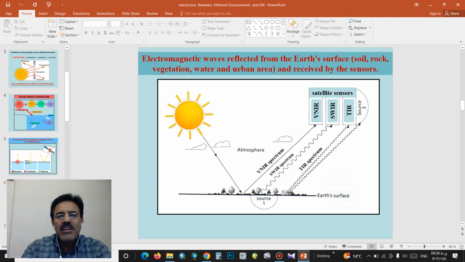Electromagnetic waves reflected from the Earth's surface such as soil, rock, vegetation, water, and urban area are received by sensors in many different spectrums. For example, VNIR spectrum or SWIR spectrum or TIR spectrum.